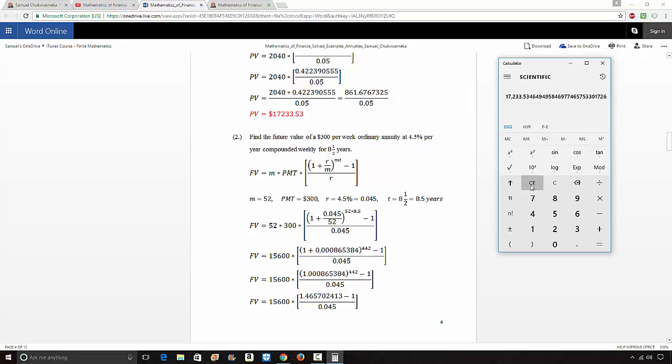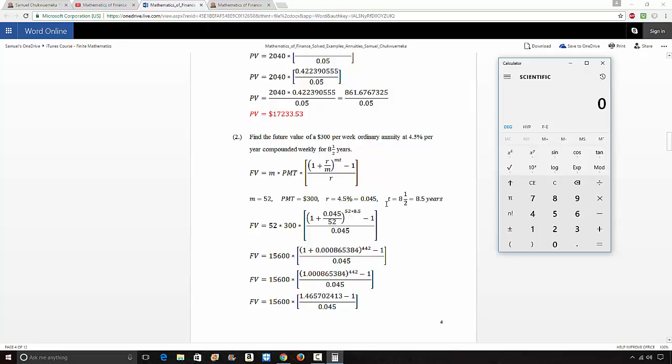So let me clear entries and let me clear the memory. In this case, you write out this. M is 52 because it's 52 times per year, which is weekly. The periodic payment, the weekly payment is $300.